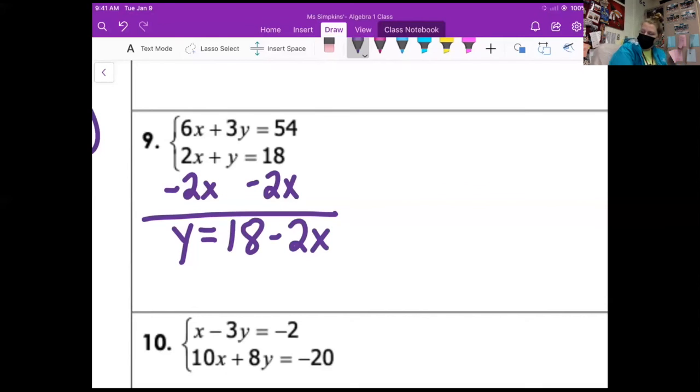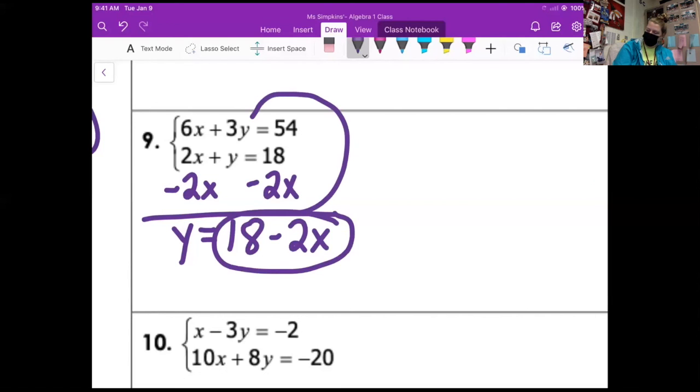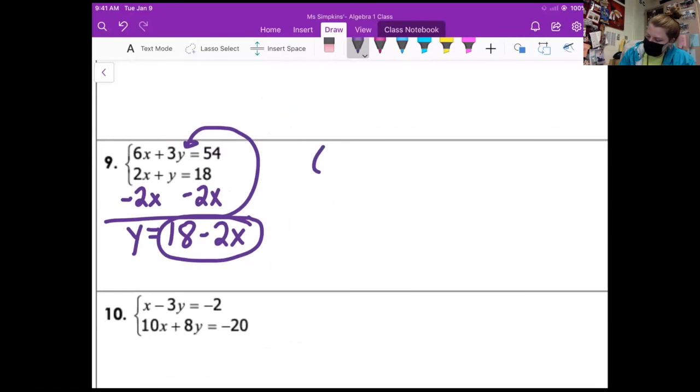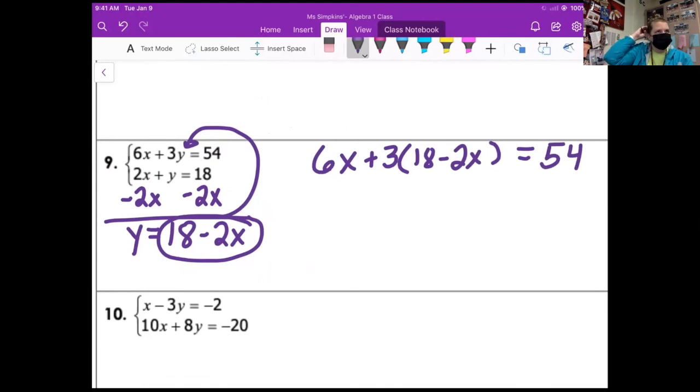Now we're going to put this 18 minus 2x up in the first equation where y is. That says 6x plus 3, and then in parentheses, 18 minus 2x equals 54.